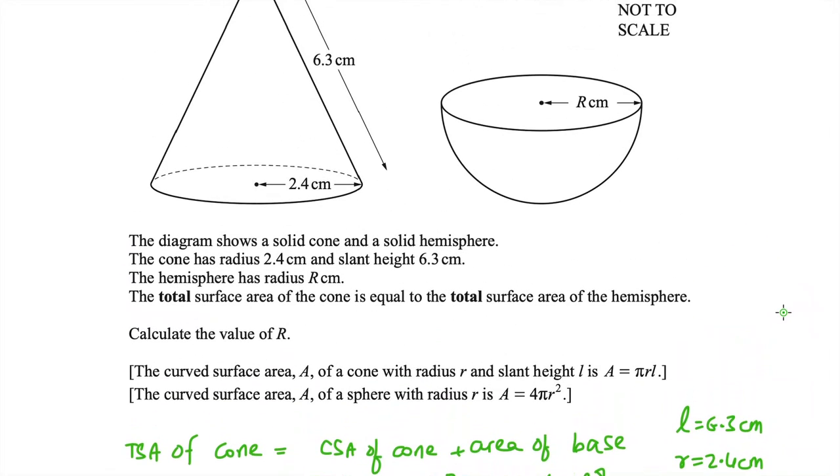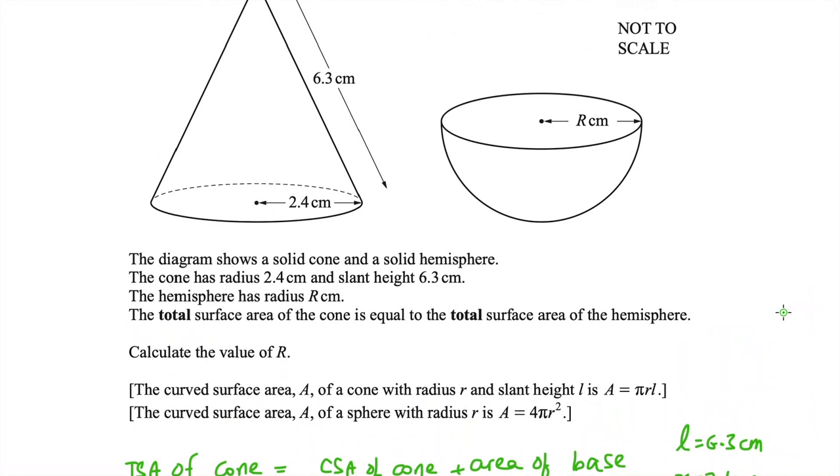This is the total surface area of the cone. Now come to the hemisphere. The curved surface area of the sphere is 4 pi r square. So for the hemisphere, the curved surface area would be 2 pi r square, and the base would be pi r square.